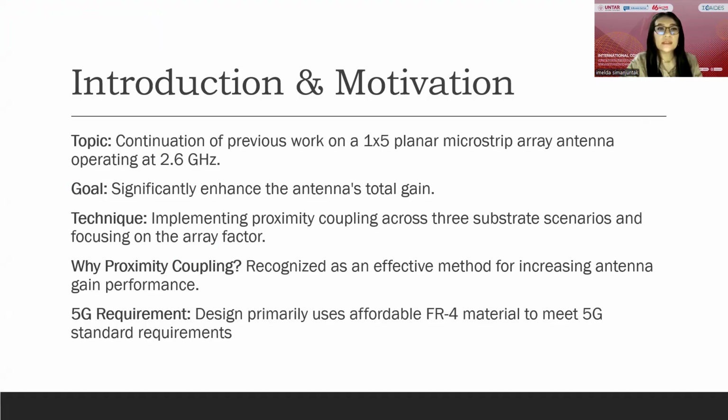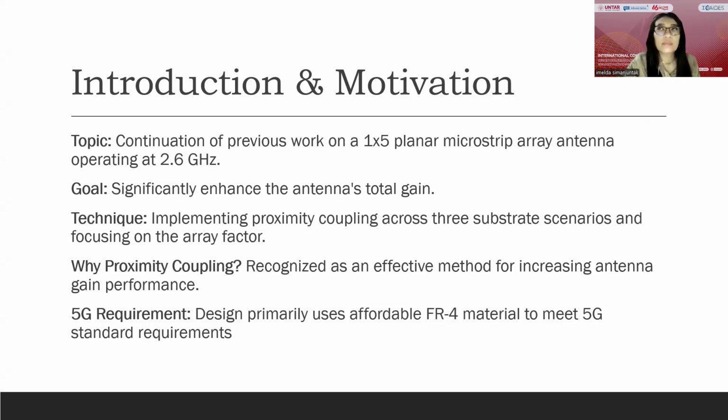The goal is to see whether this method significantly enhances the total gain or not. This research implements proximity coupling across three substrate scenarios, focusing on the array factor. Why use proximity coupling?